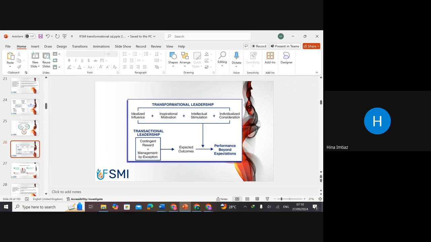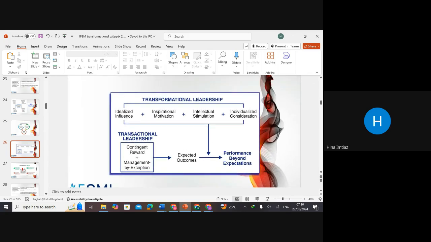Okay, so this slide is one of my favorite slides, because in this you have the combination of a leader who can drive the entire team towards bringing transformational leadership. First of all is the idealized influence. They have influence on the team.